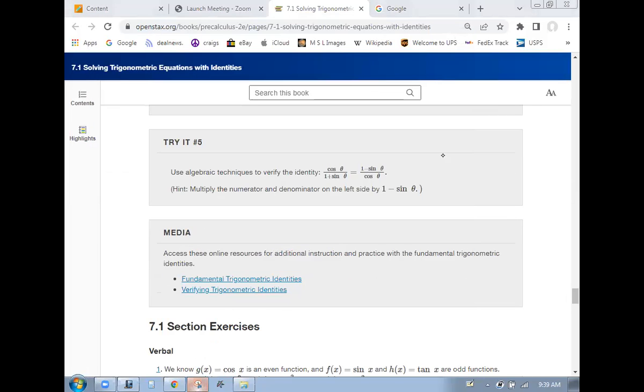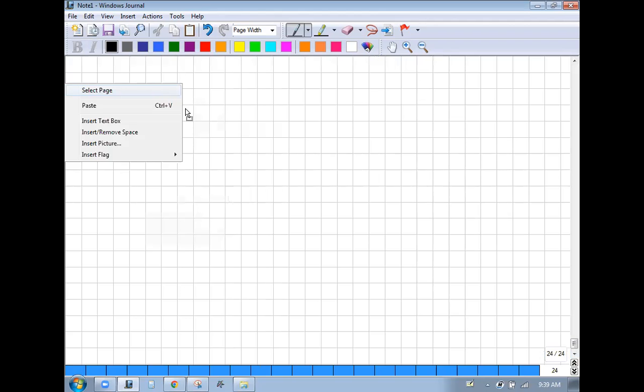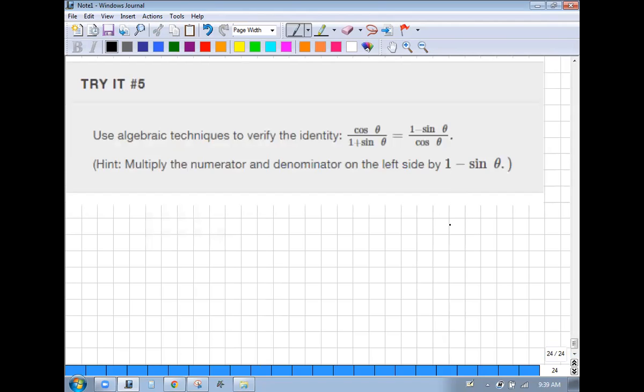This one here is fine. So look at this guy. Cosine over 1 plus sine equals 1 minus sine over cosine. It's like they just flipped it over and replaced the plus with a minus. They look kind of alike, but it's hard to see that that's actually an identity.